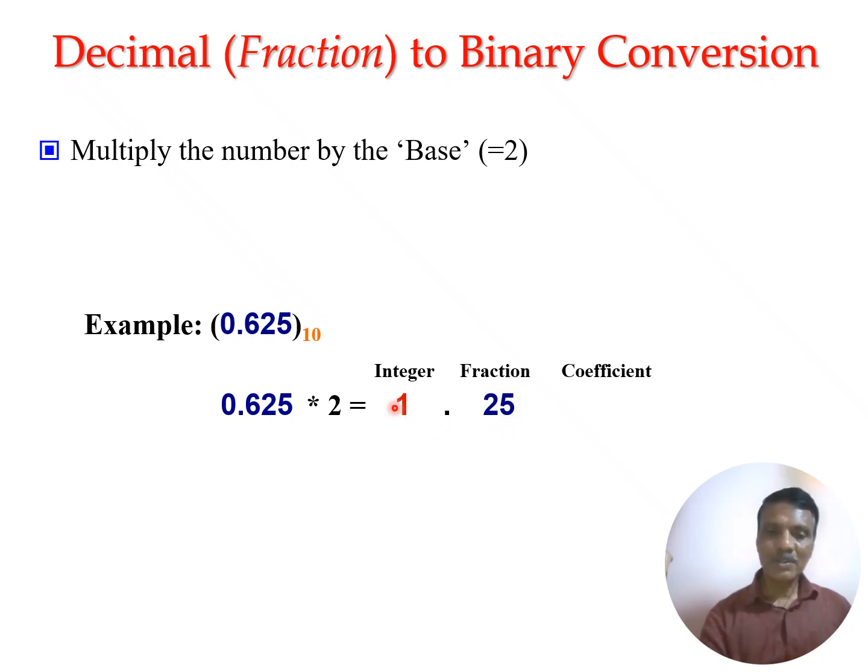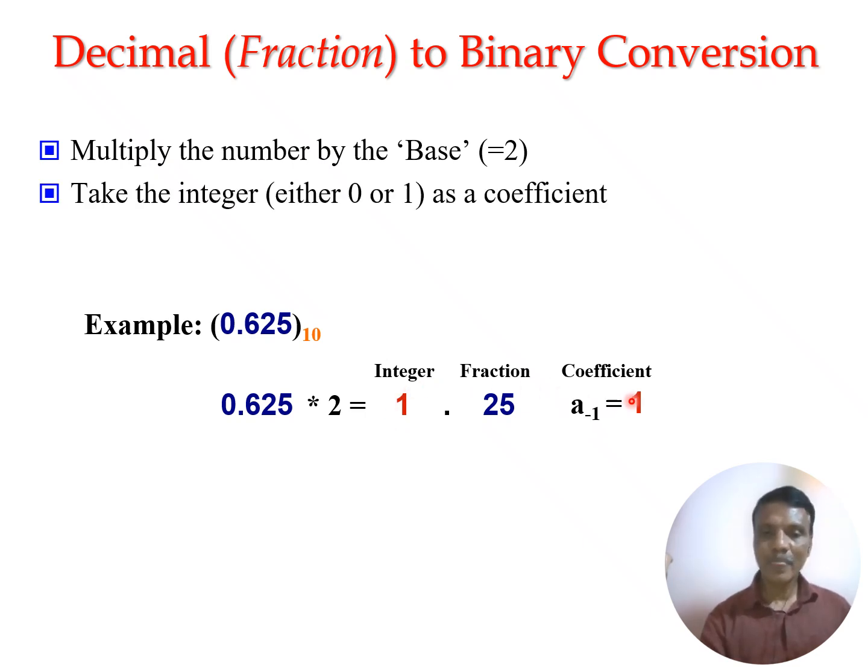What I told is, the integer part, take it as the first coefficient. Then next, we need to multiply this fractional part with the base, here 2.